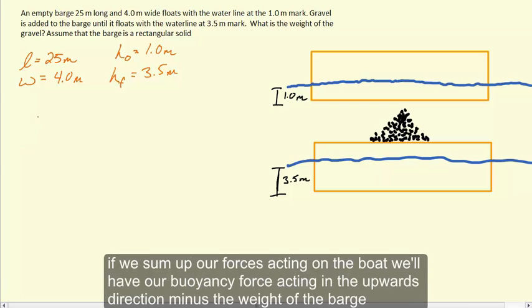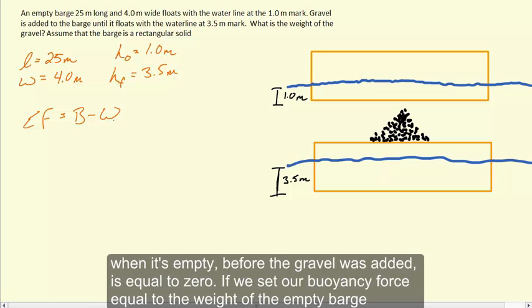And so, if we sum up our forces acting on the boat, we'll have our buoyancy force acting in the upwards direction minus the weight of the barge when it's empty before the gravel was added is equal to 0.